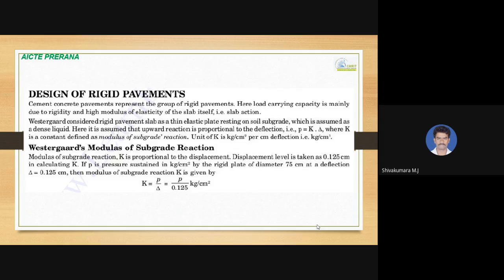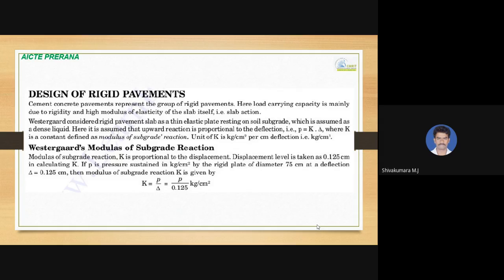Here it is assumed that the upward reaction is proportional to the deflection, that is P equal to K delta, where K is a constant defined as modulus of subgrade reaction, and the unit of K is kg per centimeter cube, that is kg per centimeter square per centimeter of deflection.